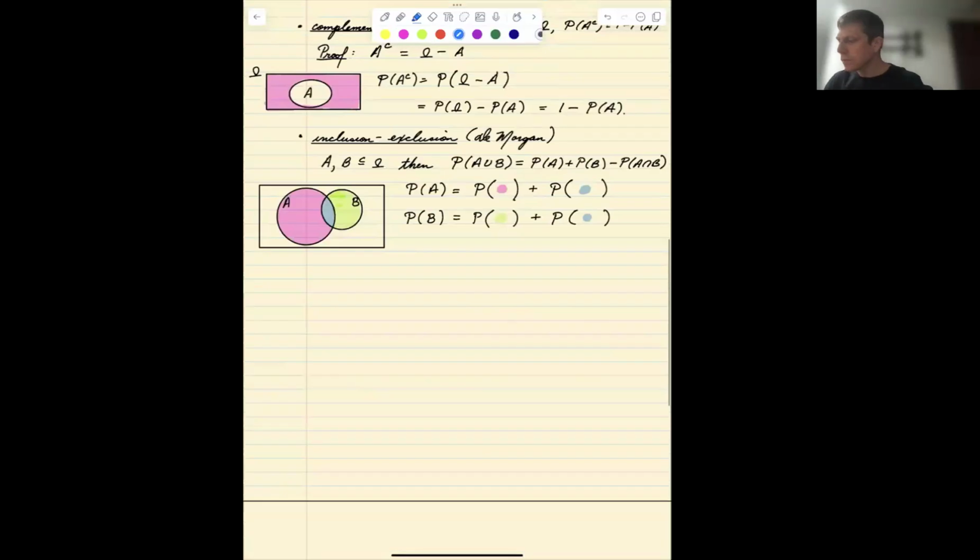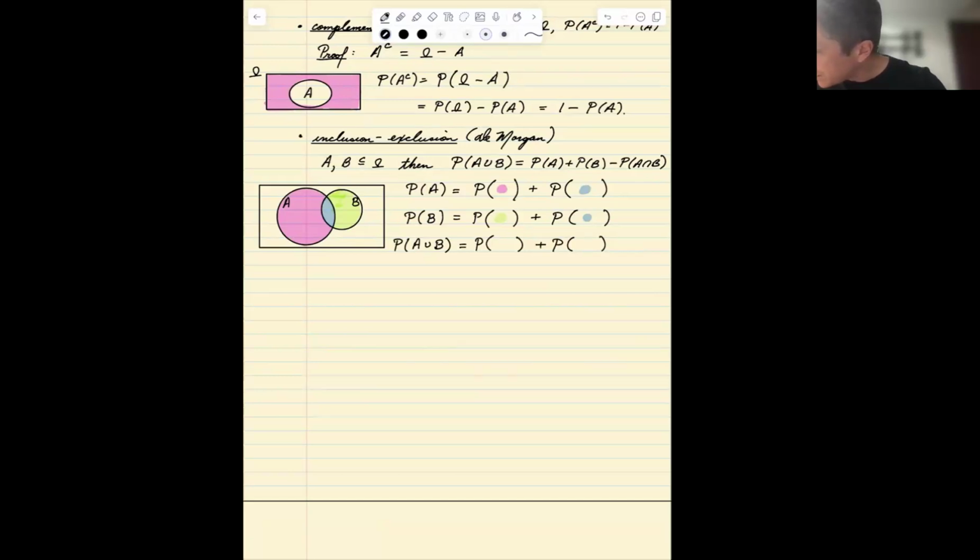And the probability of A union B is the probability of three things, because they're all non-overlapping. It's a disjoint collection: the probability of pink plus the probability of green plus the probability of blue.